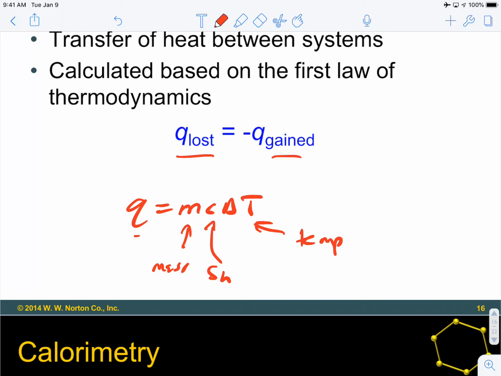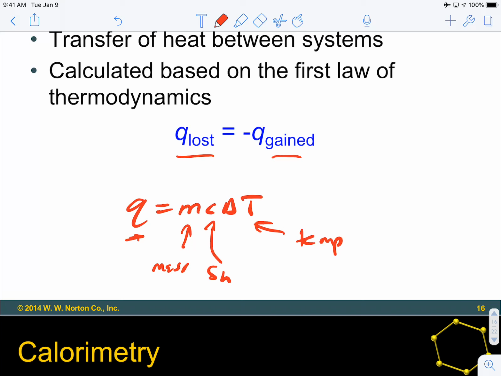And then, as long as you know those parameters, you can figure out how much heat is needed to change it to the temperature you want, or you can figure out how much heat went in to give you that temperature, or you can calculate a final temperature if you put in this much heat.